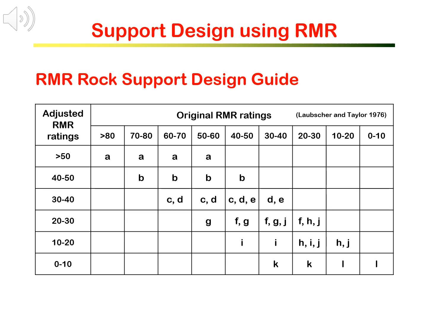By knowing the original RMR and the adjusted RMR, we can identify the support types A, B, and C to J, K, and L. The RMR design guide is supported by explanatory notes on support types, and they are shown on the next slides.